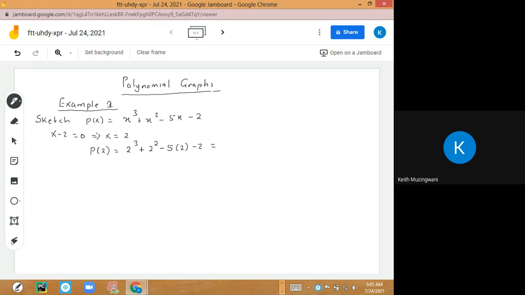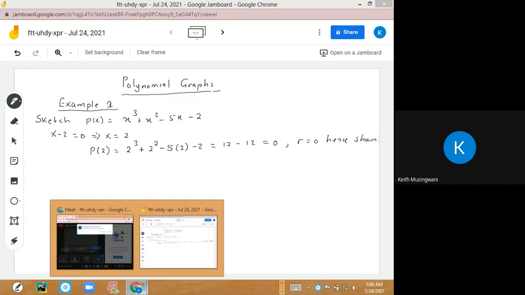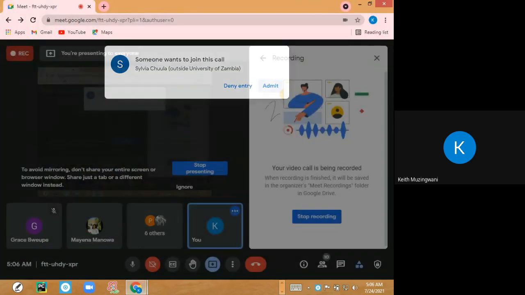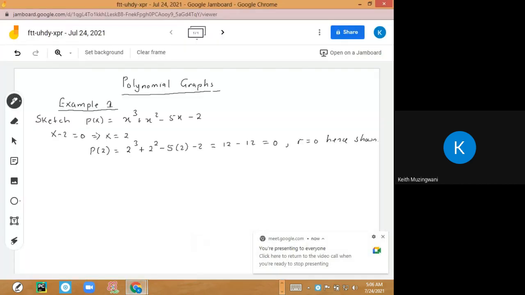This is 8 plus 4, that's 12, minus 10 minus 2, that's 12, giving us 0. So we are saying the remainder is 0, hence shown. That was to show that it's a factor of that.